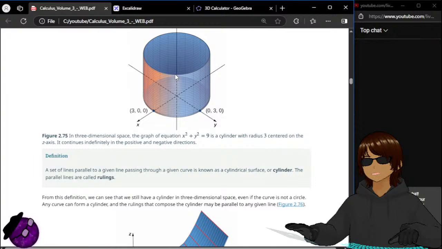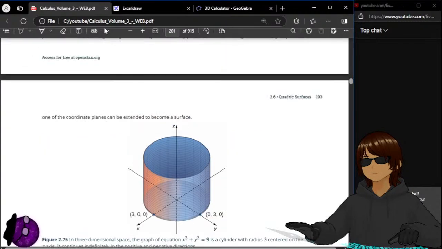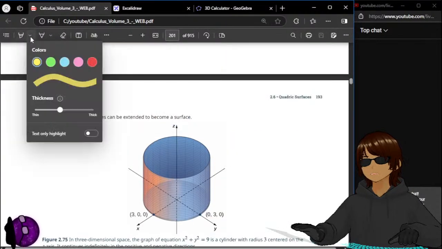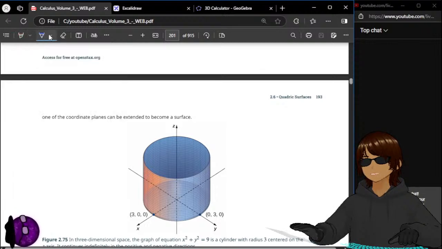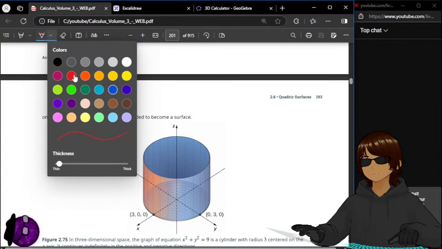Well, I think what they mean is if I draw a straight line from here to here, and then I draw a straight line from here to here, let's choose red. No, this is a highlighter.